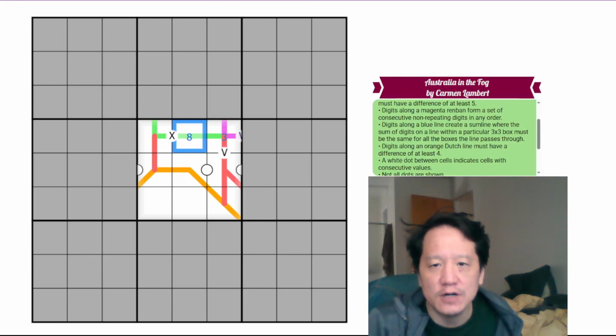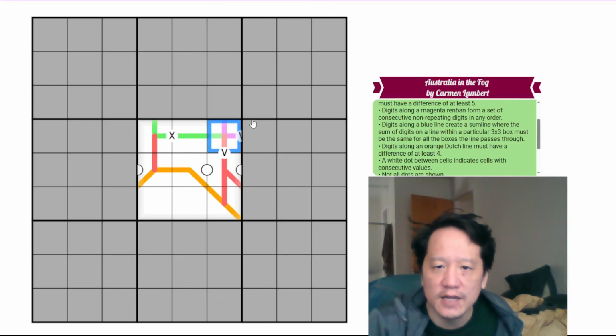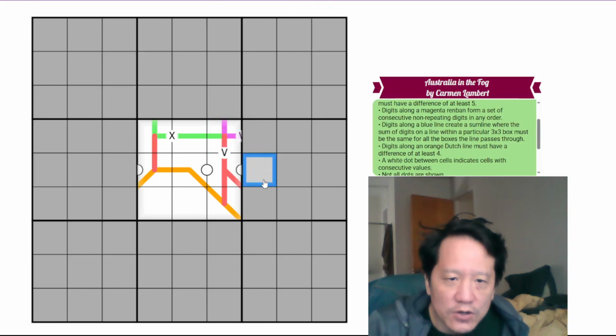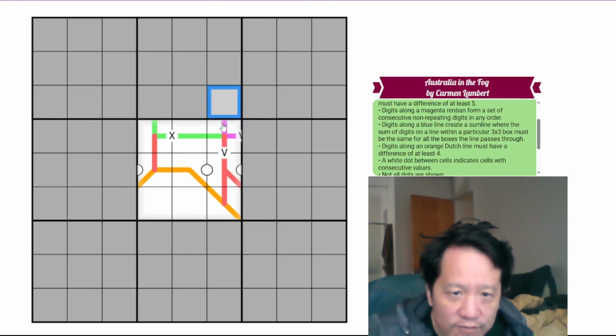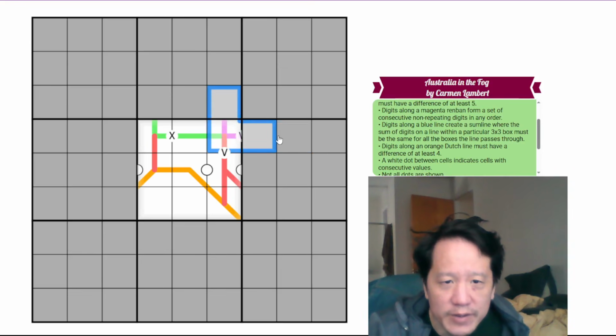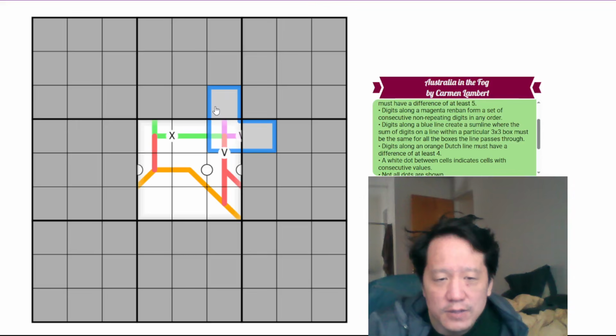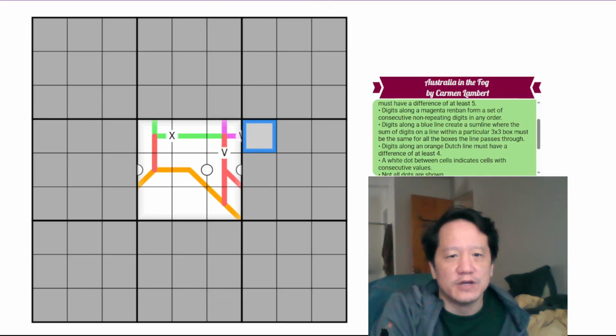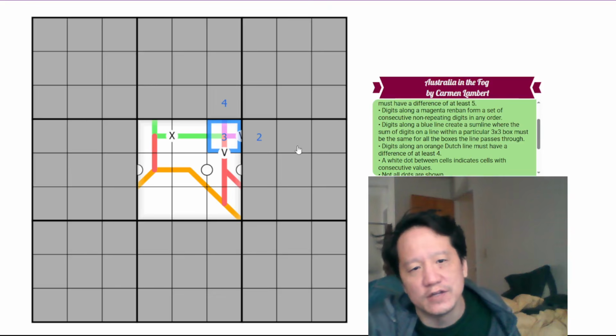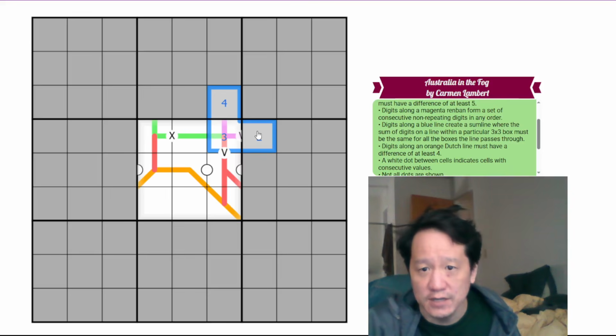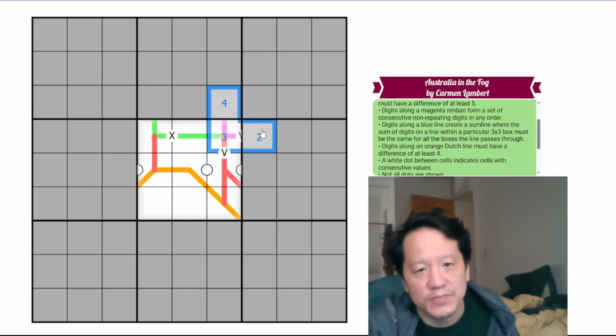Digits along a magenta red band form a set of consecutive, non-repeating digits in any order. So right now, this is part of a Renban here, but we don't know how large it is. Say it was just these 3. Then you could have something like 2, 3, and 4, and this would be valid as a Renban because they form a set of consecutive, non-repeating digits in any order.